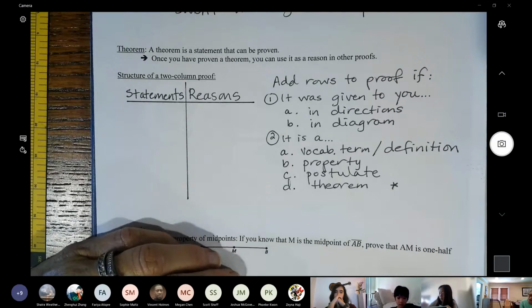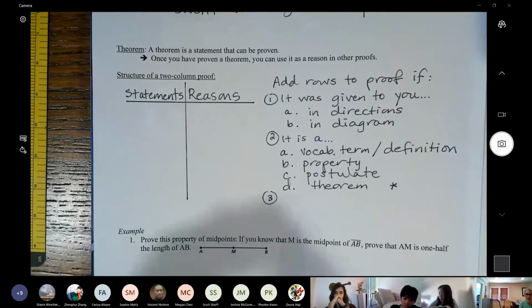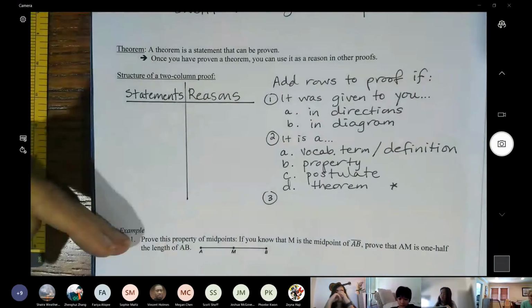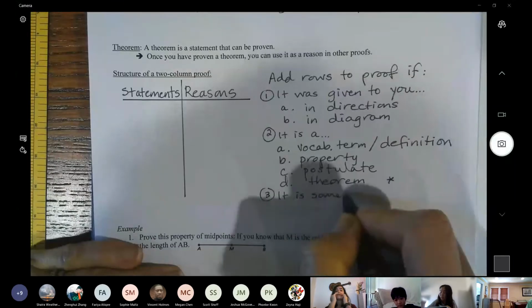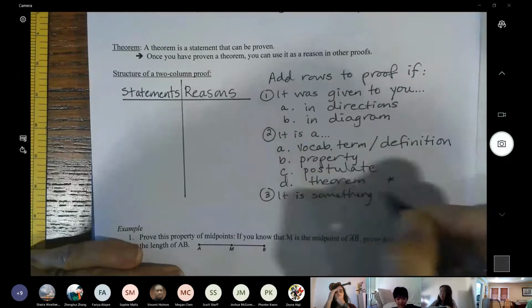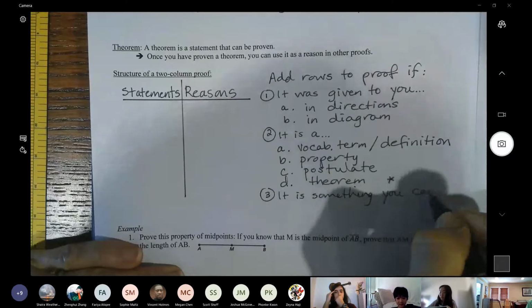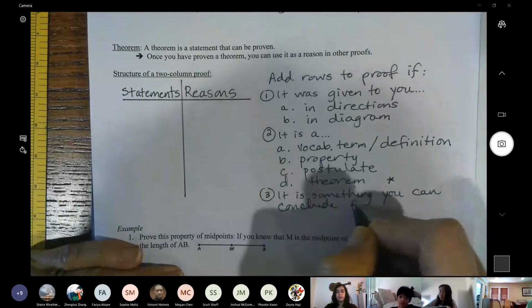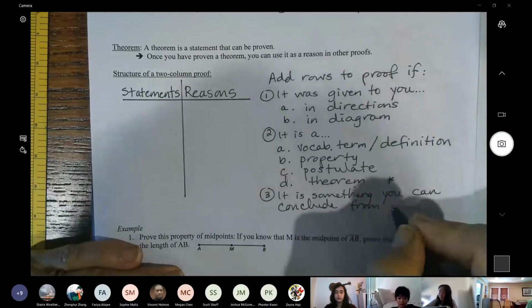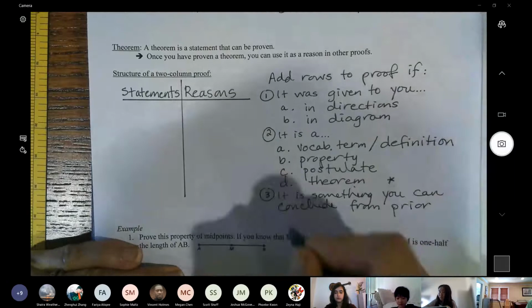And then third, and this follows along with the argument, if it is something you can conclude from prior statements.